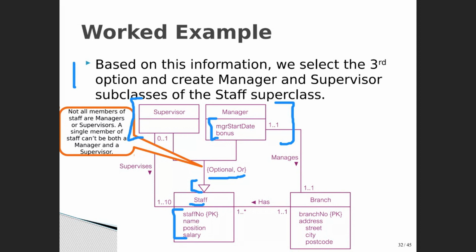So it's optional. And why is it or? Because it can be a member of only one subclass, not both. A staff member cannot be a supervisor and manager at the same time, right? So that's why we put or. The manager and supervisor subclasses are created here based on the staff superclass.